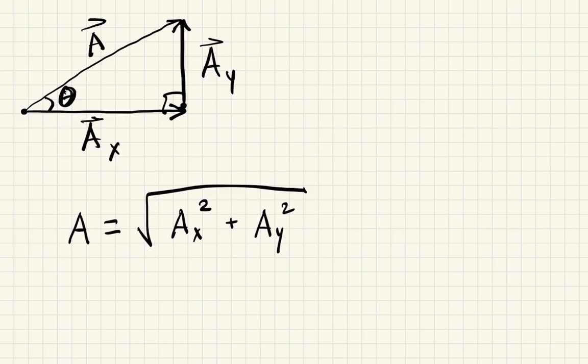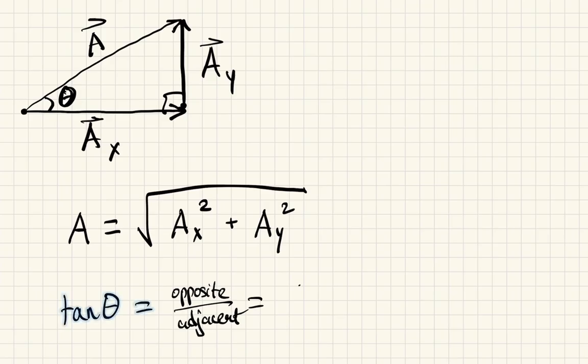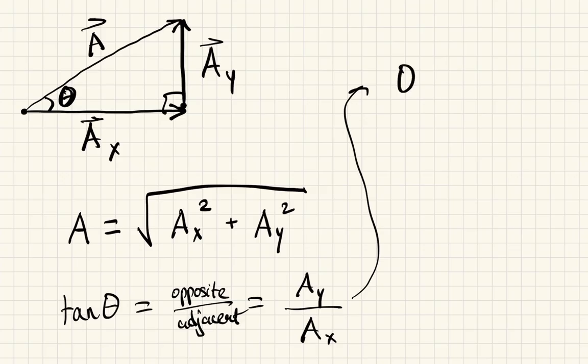And this time we're going to use tangent, because the tangent of the angle, which is what we're trying to find, is opposite over adjacent, which would be in this case vector a's y component over vector a's x component. And therefore, we can say that the angle is going to be equal to the inverse tangent of the y component over the x component.